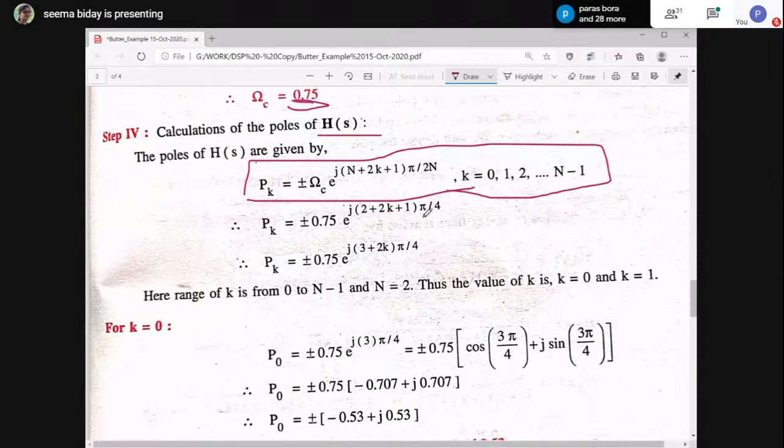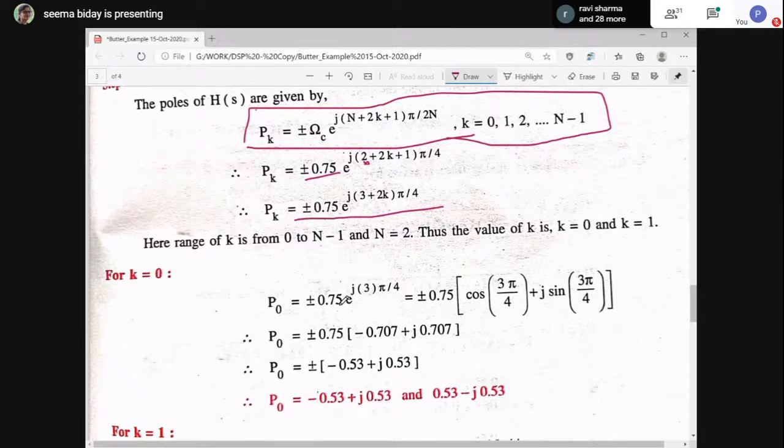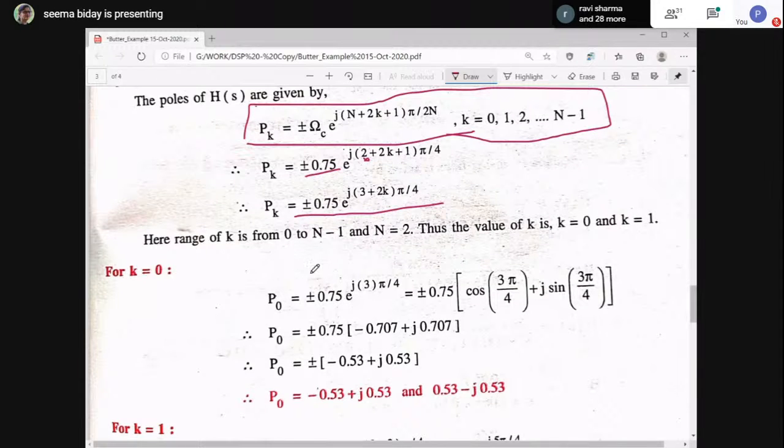Now proceed. Put omega c equal to 0.75. Then n is equal to 2. 2k plus 1 pi divided by 2 into n, that is 2 into 2 is 4. Same thing is simplified here. 2 plus 1, 3, like that. So this is pk. Now put k equal to 0 to get p0.